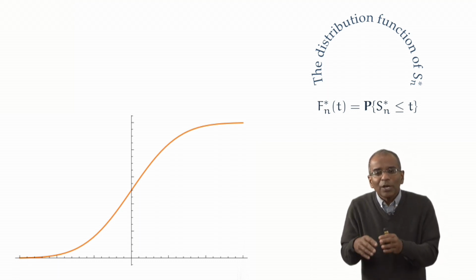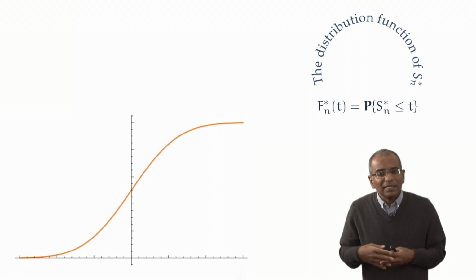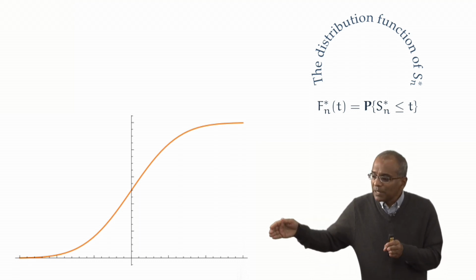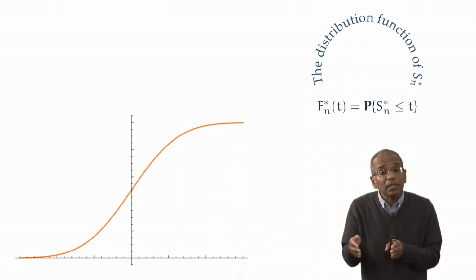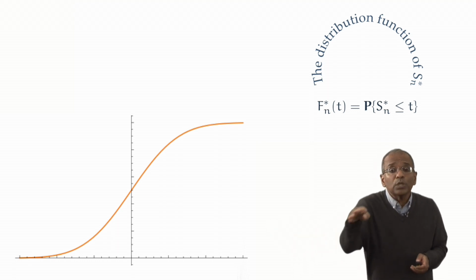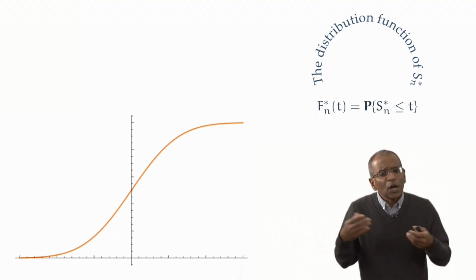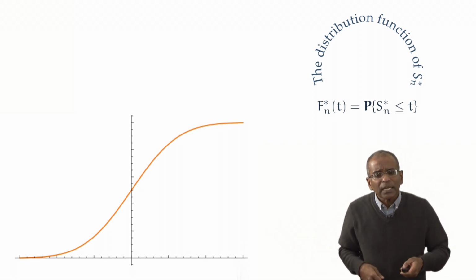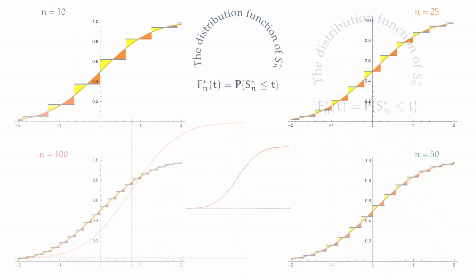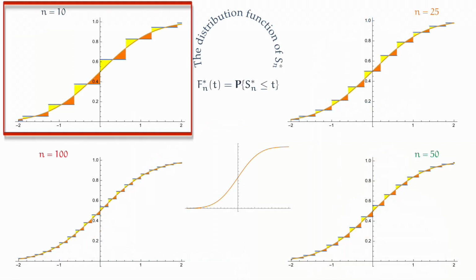Of course, we're going to try to approximate this step function by simply looking at the area under the bell curve. But that is a smoothly increasing function. How do they compare? Let's take a look. When n equals 10, you can see the step function for Sn star, the distribution function, and cutting through it, the smooth variation of the distribution function of the normal.